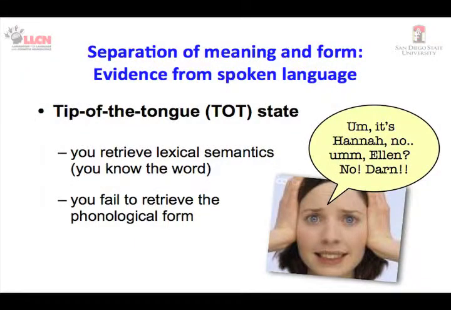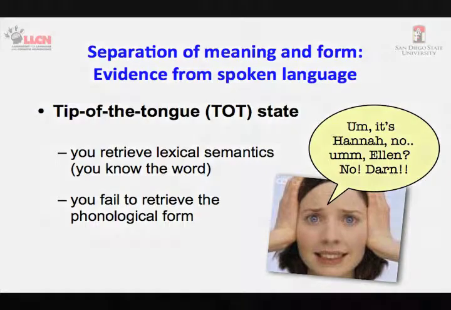So again, for spoken languages, these data from tip of the tongue experiences have been used to show that in spoken language production there's a separation. There's a two-stage process in retrieving a word: you first retrieve the semantics, the meaning, and then you retrieve the form. TOTs show that by retrieving one part, but not the other part, not the form.